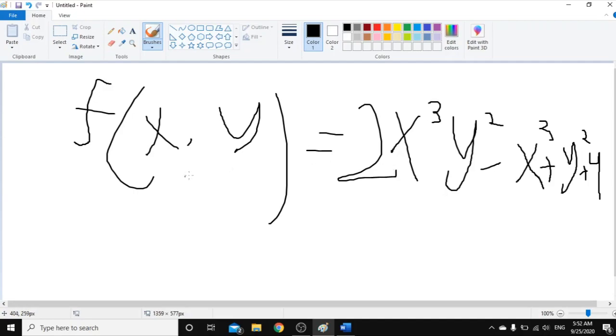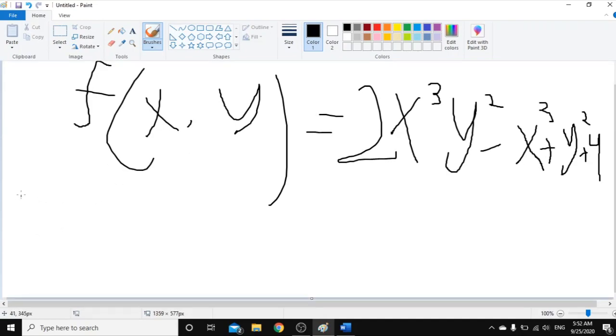To take this partial derivative, as I said, we need to take the partial derivative with respect to x and with respect to y. So let's write the answer here. f of x is equal to, let's take this derivative right here.